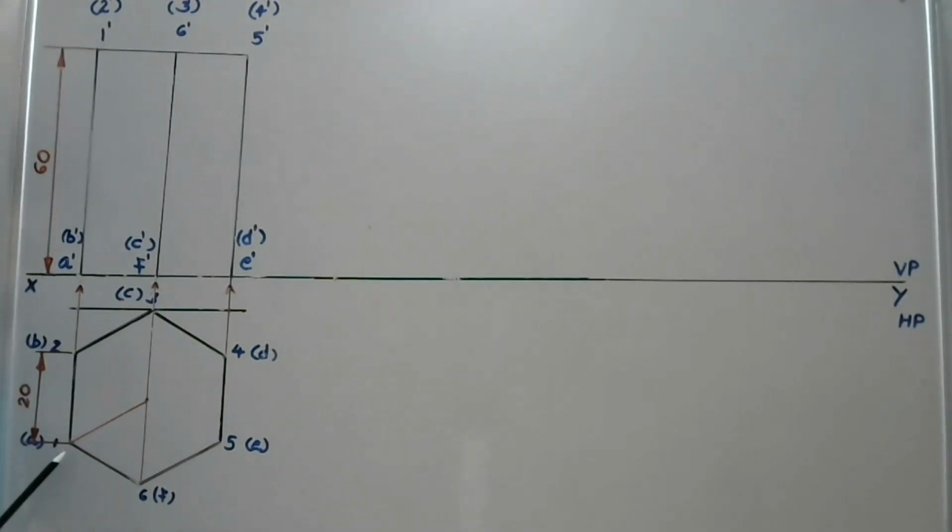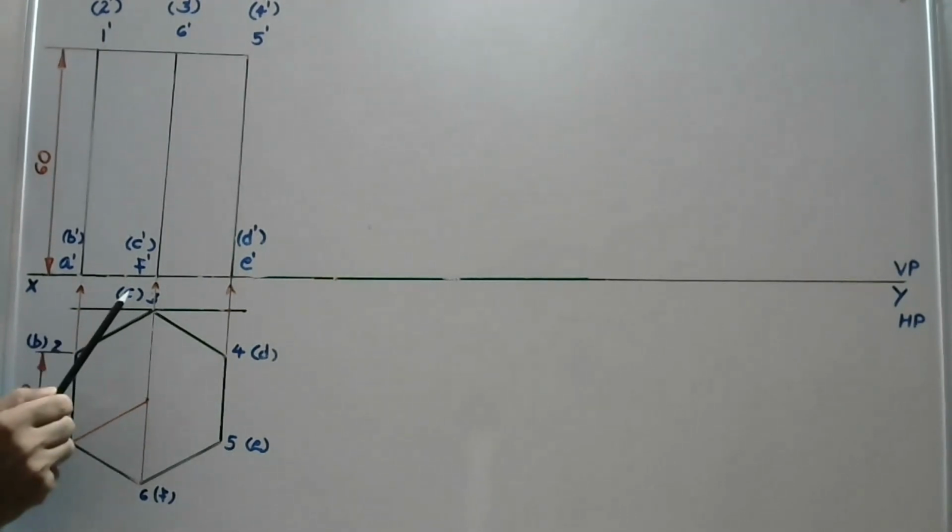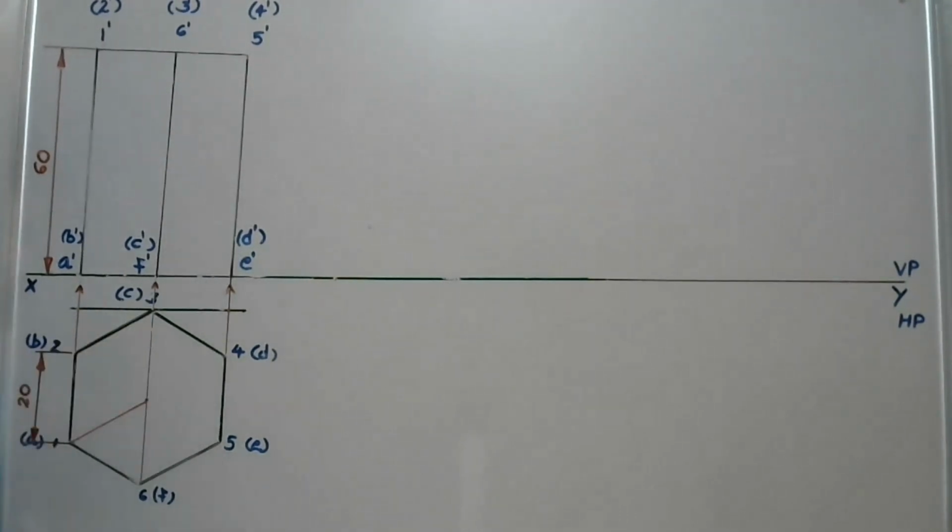We can see 3 base corners, A dash, F dash, E dash in the front view. And B dash, C dash, D dash are invisible in the front view on the base. That's why we are putting these 3 in brackets. The height of the hexagonal prism is 60.